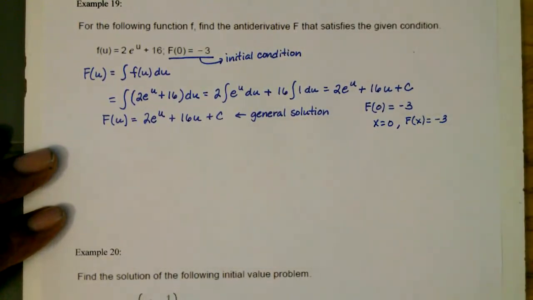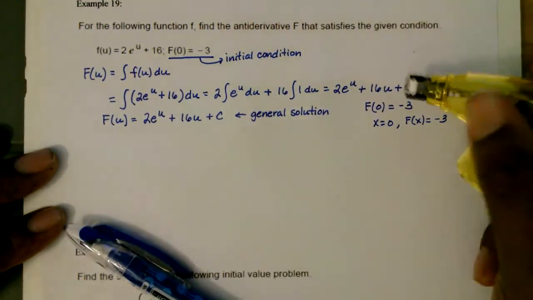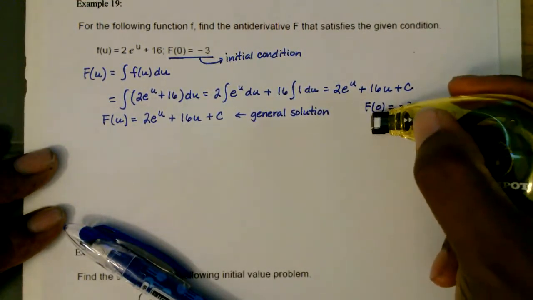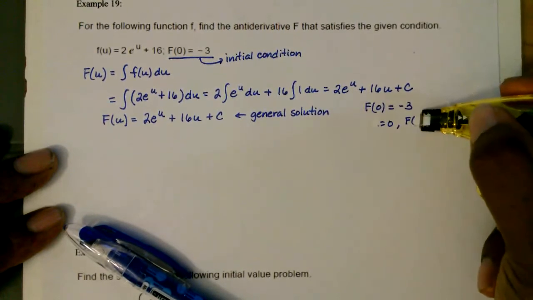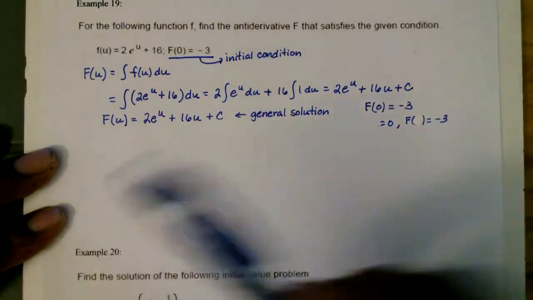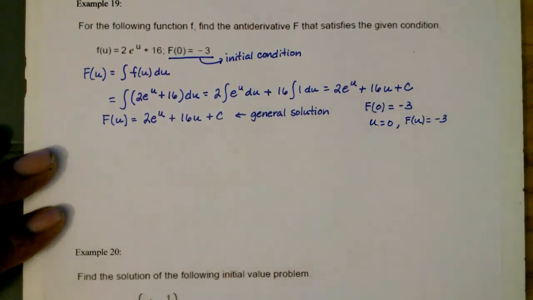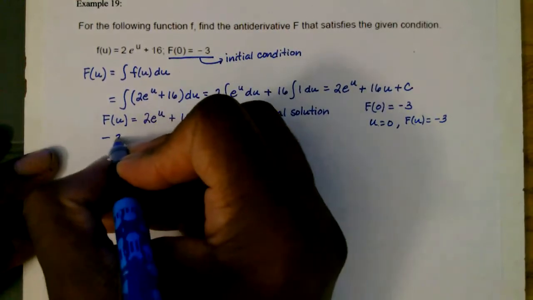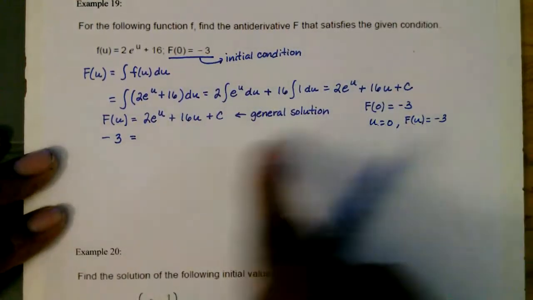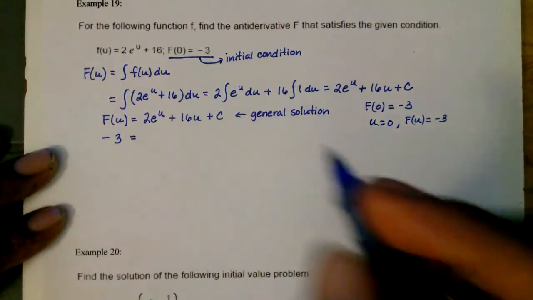So I'm going to substitute my f of u, not f of x, since we're dealing with u in this case. That means u is 0, and f of u is equal to -3. So f of u will be replaced with -3. That's equal to, and each u will be substituted with 0.